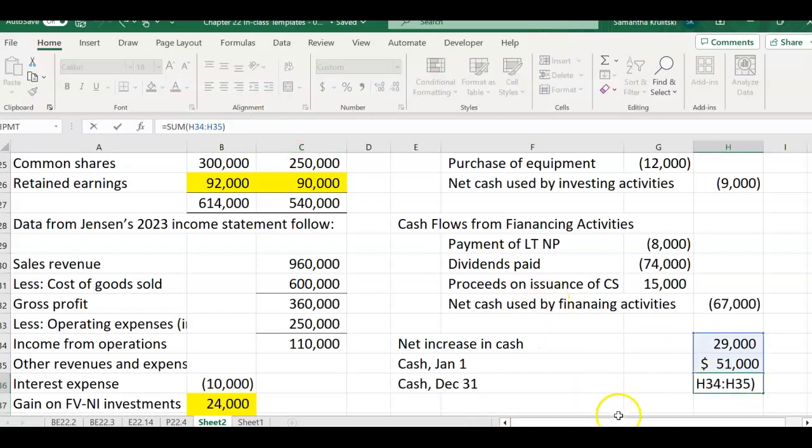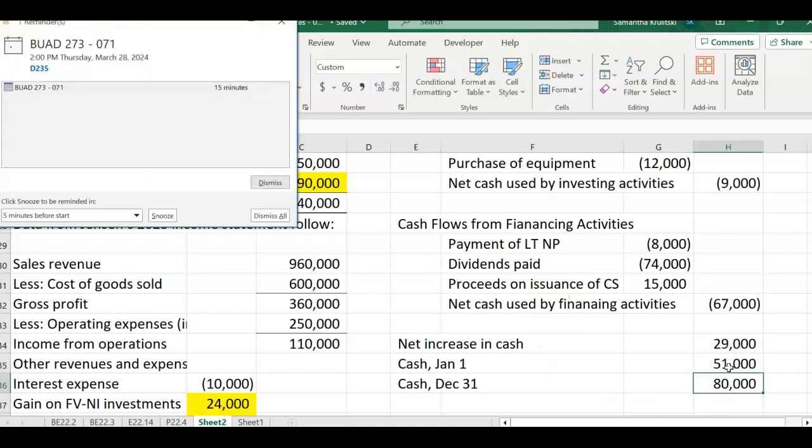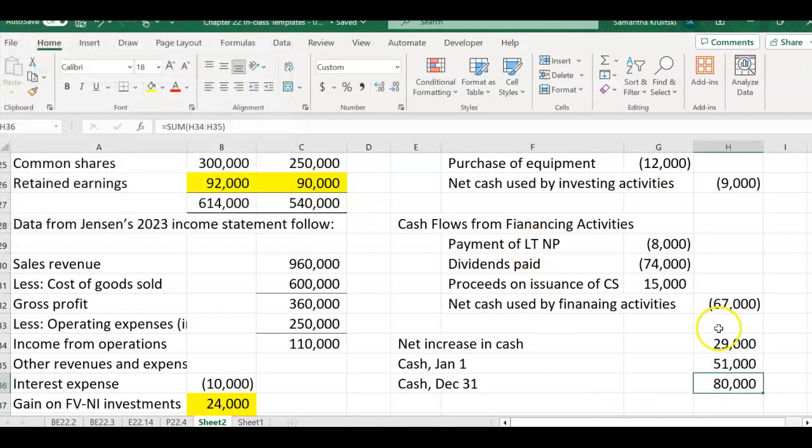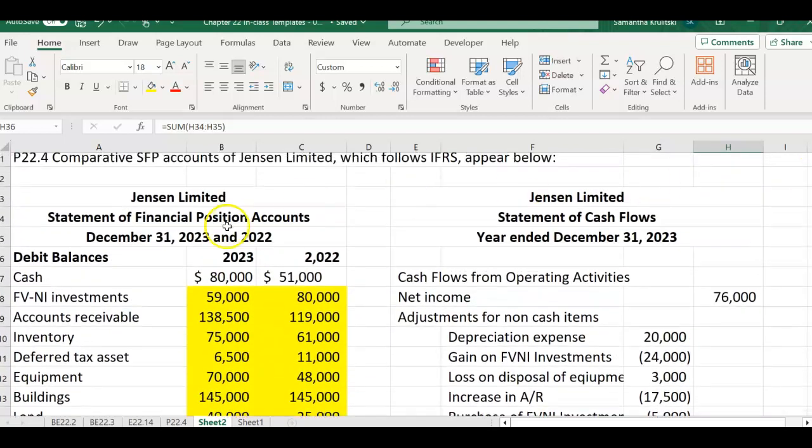Now something obviously is a little bit off here. I think it has to do with the type of formatting in the cell. So 80,000, I'm going to go look, does that agree? Yes, it does. So I must have gotten my cash flow statement correct.